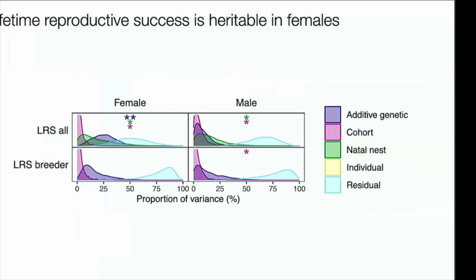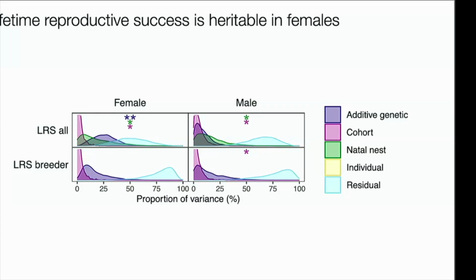So we ran a lot of animal models. These are mixed effect models to try to estimate how much additive genetic variance we see. On the top row, we're looking at lifetime reproductive success of all individuals in our population, and on the bottom, just the individuals who survived and successfully became a breeder. We ran analyses for males and females separately, and the purple histogram shows the posterior distribution for additive genetic variance.